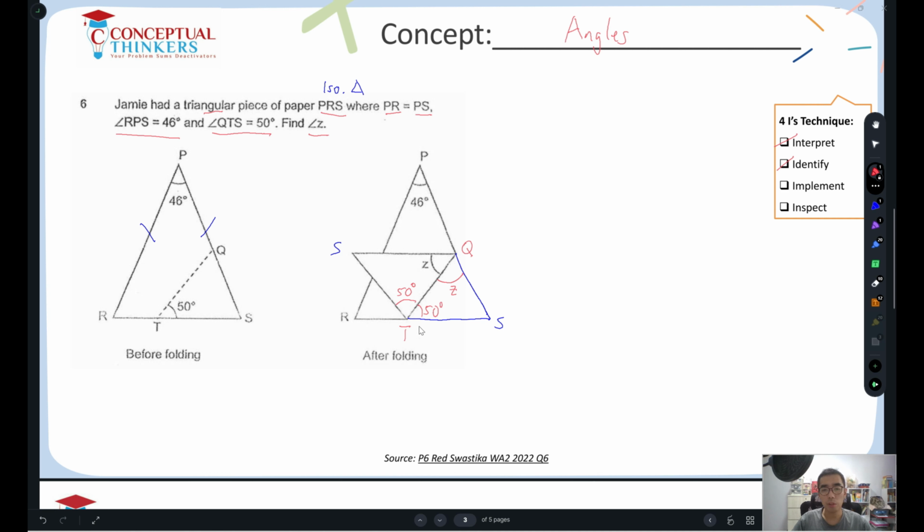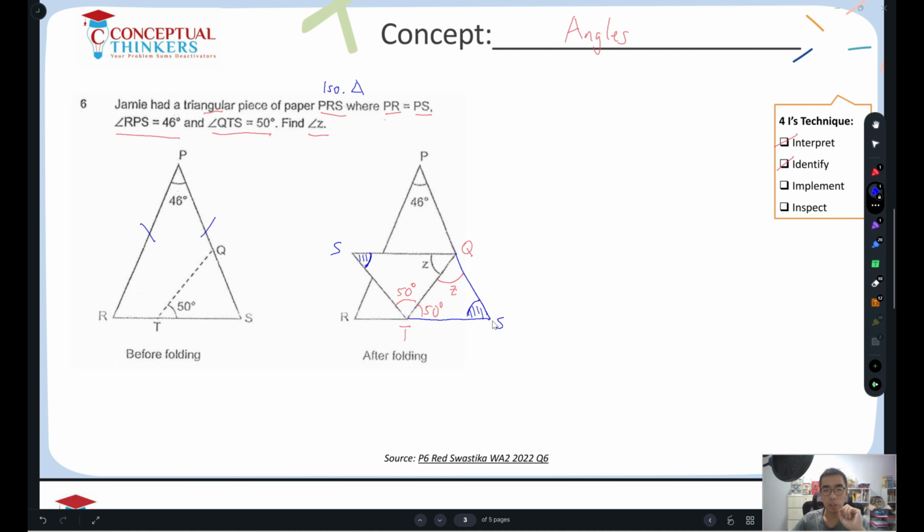Okay, so now with all this information, we can start to solve the question. Now if you look at the question, I have a Z here, so I will be thinking what information I need to solve the question. I noticed that if I focus on triangle SQT, if I manage to get this angle, I will be able to solve the question. Now this angle is equal to this angle after I unfold it.